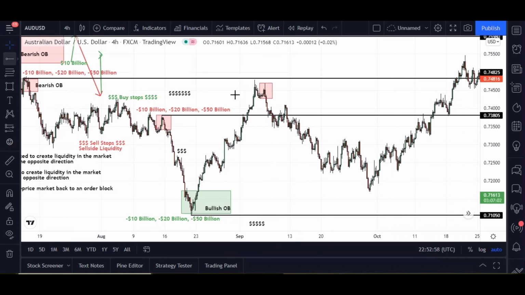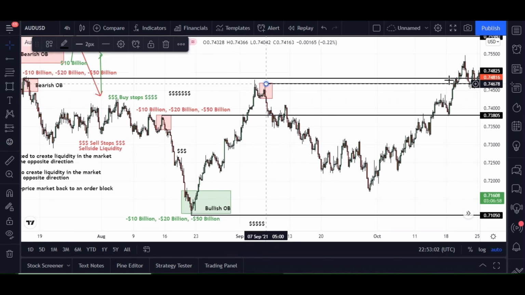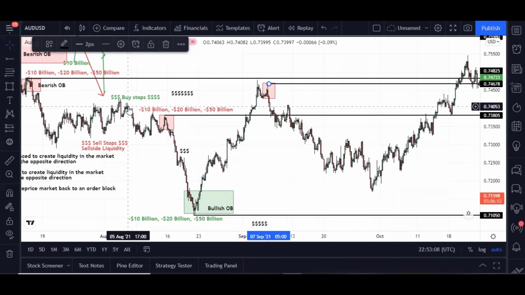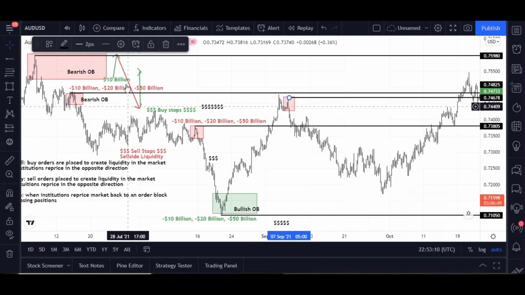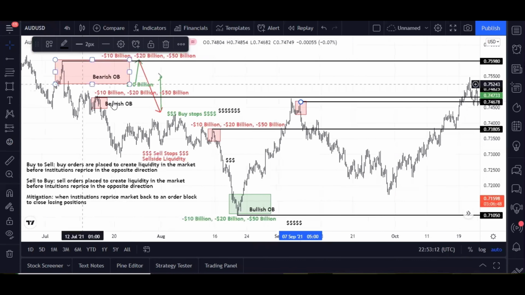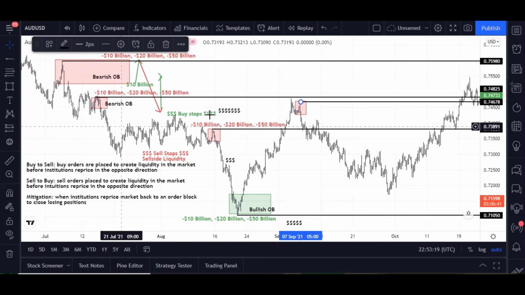All right, we have a bearish order block here. And what happened? Price came to mitigate this here, and this move here. And now remember that back here, we have traders who are sold here, right? We have traders who are sold here, and we have traders who are looking at this area as a level of resistance.